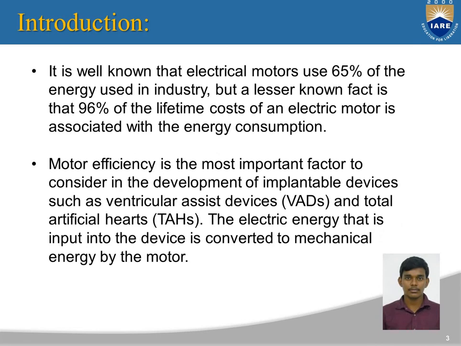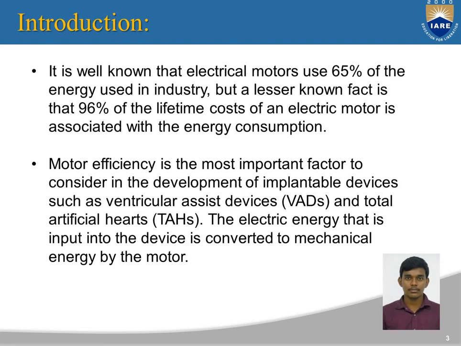Here comes the introduction. Electrical motors are using 65% of industry energy. In many industries we see many big machineries, and to run a particular machinery there must be a motor to run it. Motors are the main part of many hardware industries, and not only hardware.